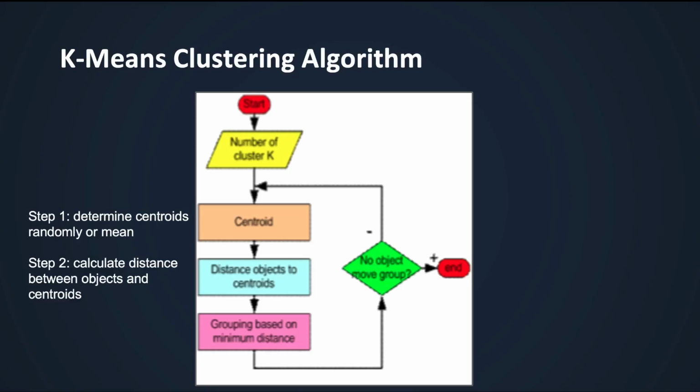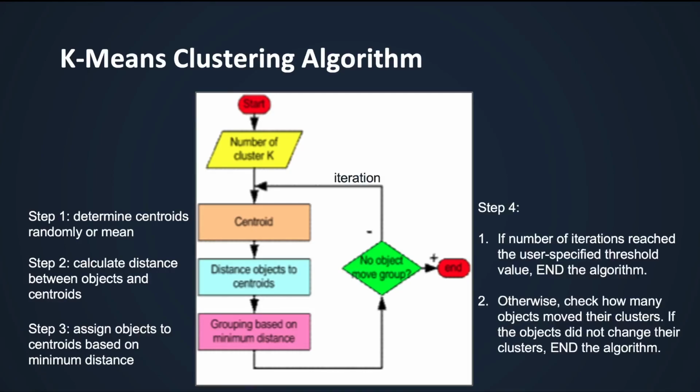Next, calculate the distances between the objects and the centroids. We assign objects to centroids based on the minimum distance criteria. The final step in the k-means algorithm involves either ending the algorithm or performing the entire iteration one more time. So this step basically involves two substeps.